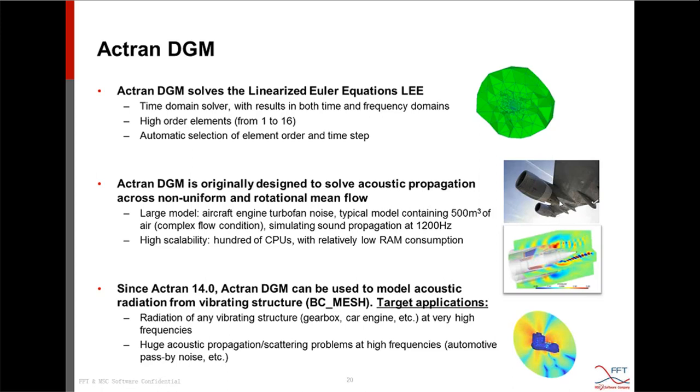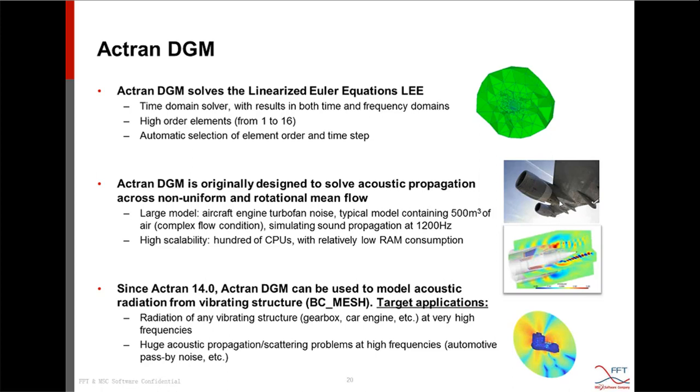And so the power now of DGM in such a problem is to allow us to solve normal size problems, for example, gearbox or engine acoustics at very high frequencies, thanks to its power. And another possibility is to solve acoustic propagation or simply acoustic propagation and scattering problems at higher frequencies.